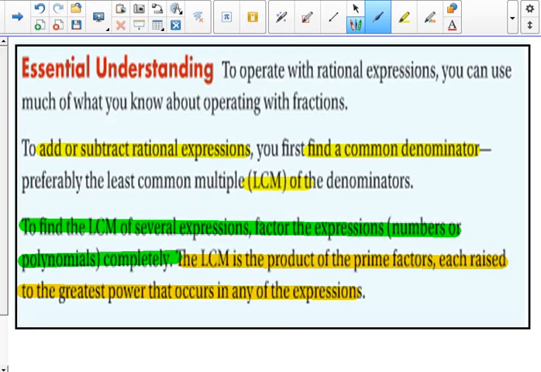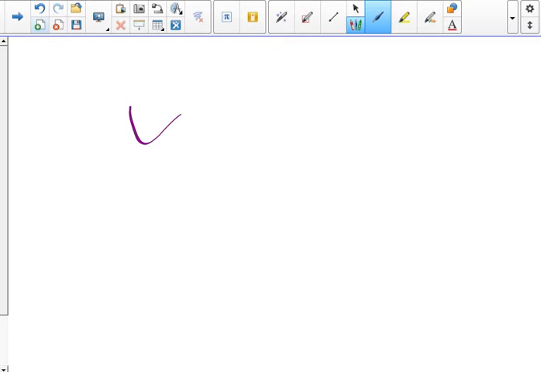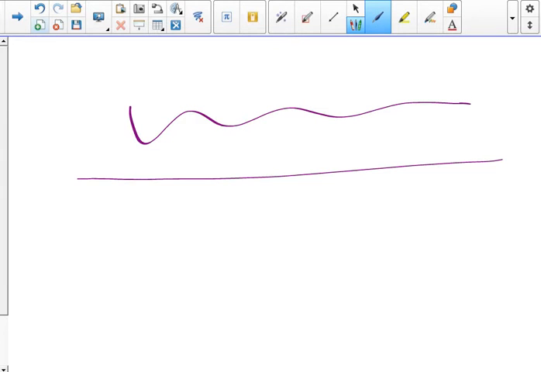So we're going to do rational expressions and do adding and subtracting rational expressions. And when you go back to think about these last few days, what is a rational expression? It's like a big long polynomial over another big long polynomial, or it could be a short polynomial, could be a monomial, right?